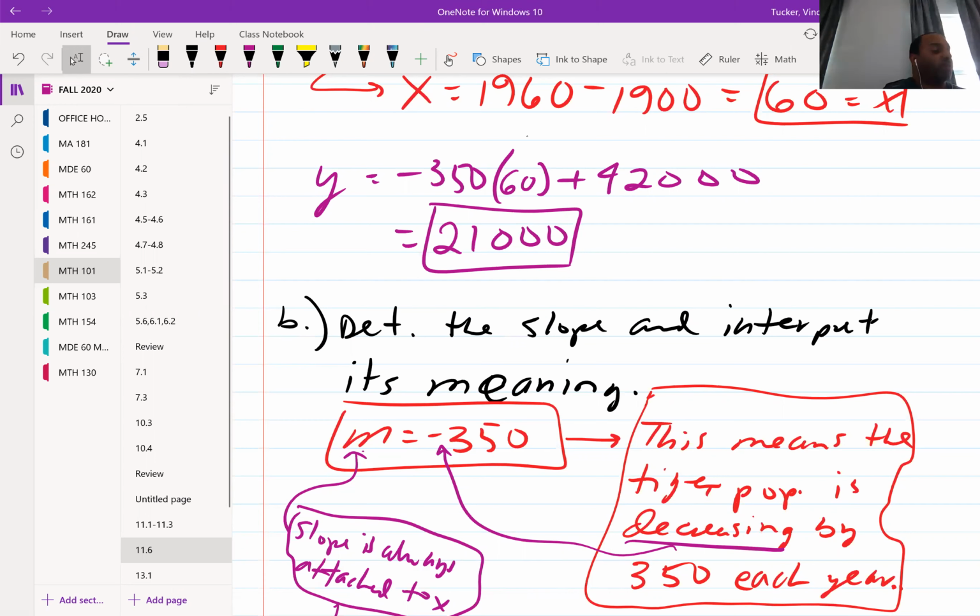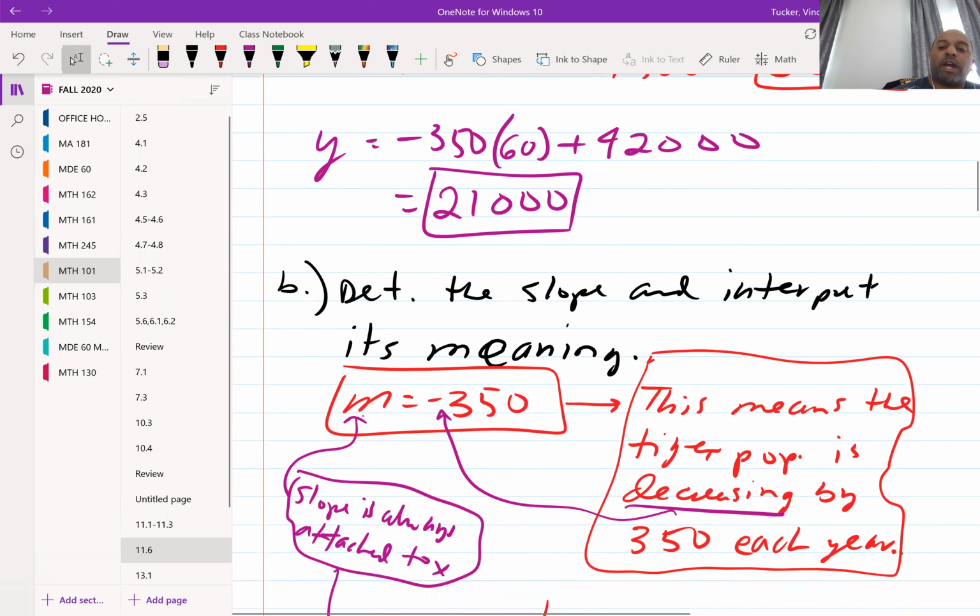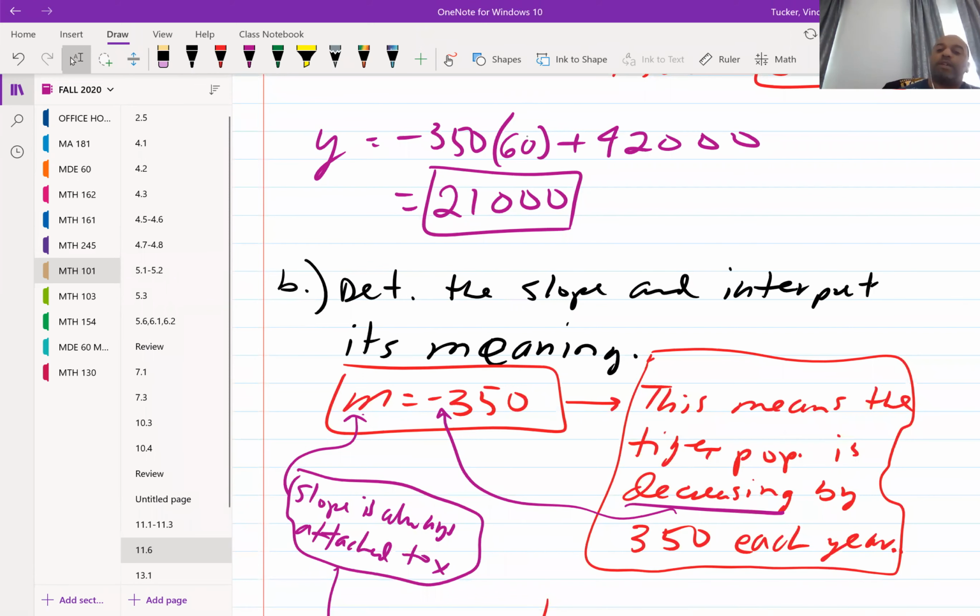So our slope is negative 350. So this means that the tiger population is decreasing by 350 each year. And it's decreasing because it's negative. Now, if that was positive, that means it would be increasing by 350 each year.